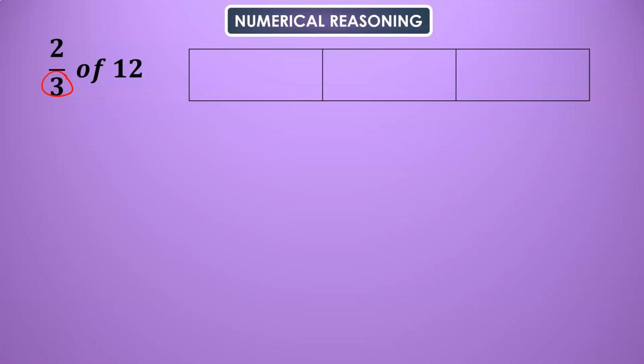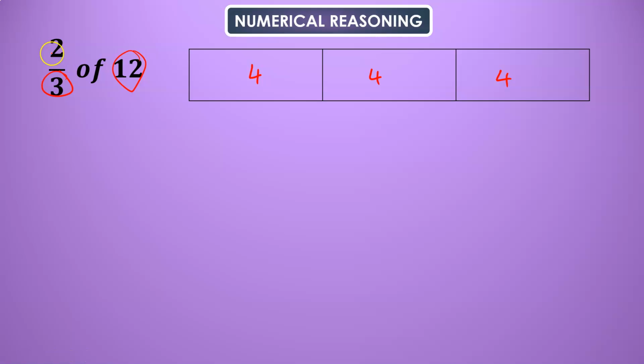The other key thing is we've got 12, so 12 must fit into our bar. Another way of thinking of that is it's 12 divided into 3 parts. So 12 divided by 3 is 4. So that's 12 divided into thirds.